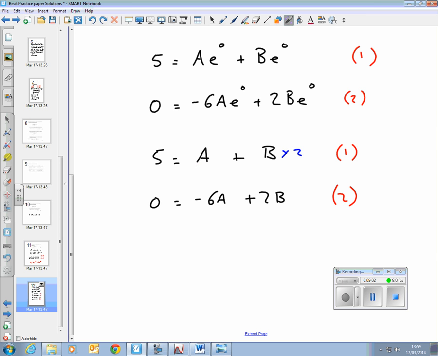Either way, you can come up with values for A and B. Have a go. Again, I'll have a look at it myself, and then you can have a look at your solution after you've tried it.